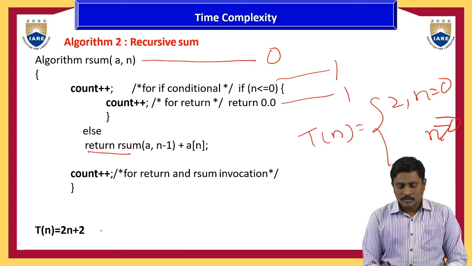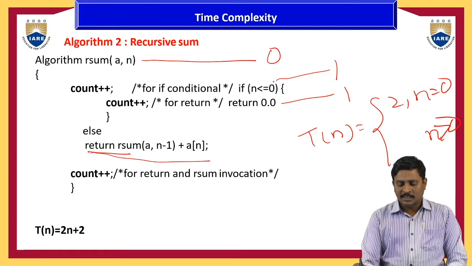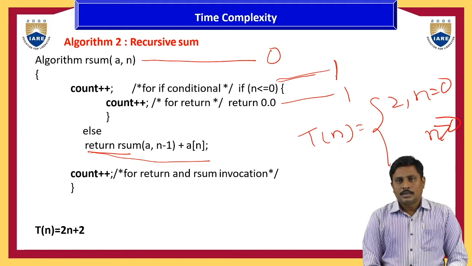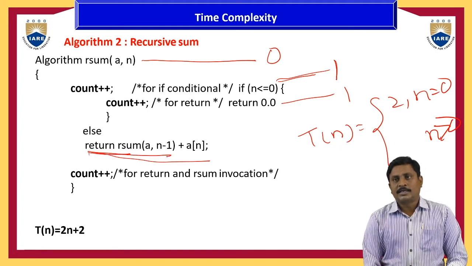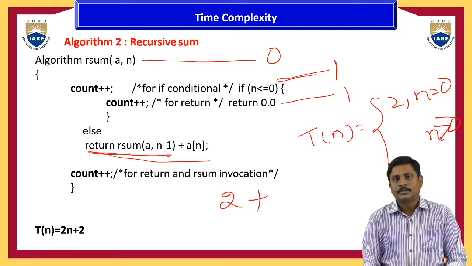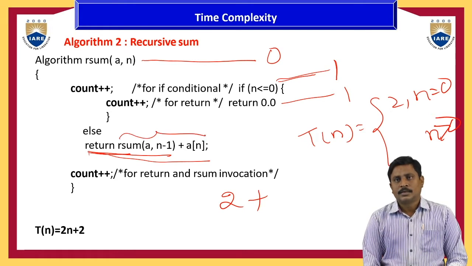Now, here we see that if this condition is also not satisfied, it takes one step count. The return is one function, that is one step count. That means 1 plus 1 is 2, plus how much time this function takes. It is a recursive function.